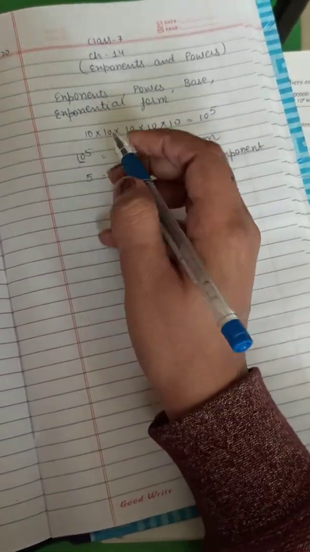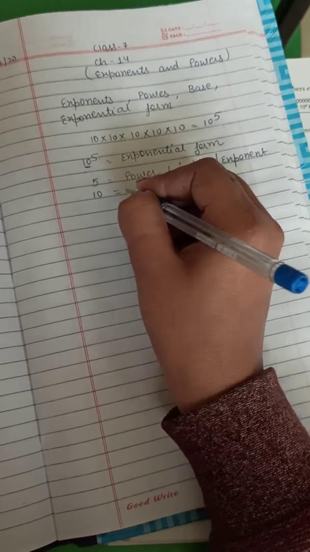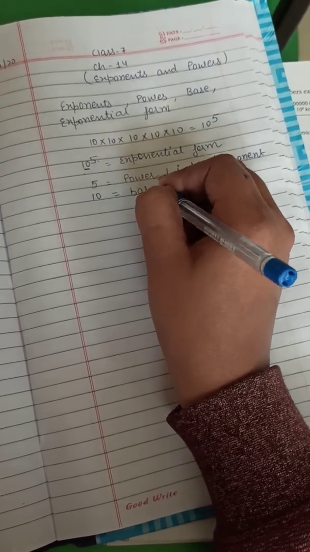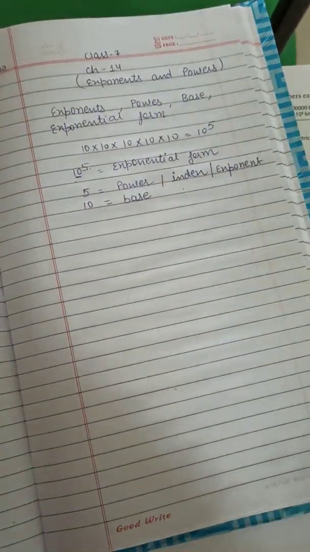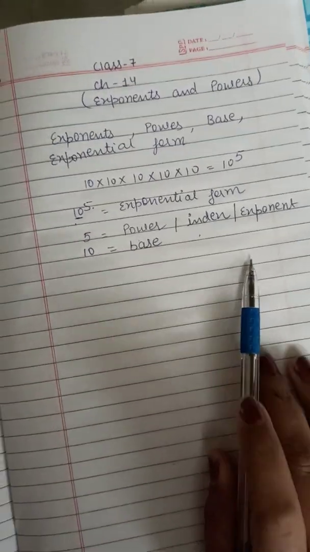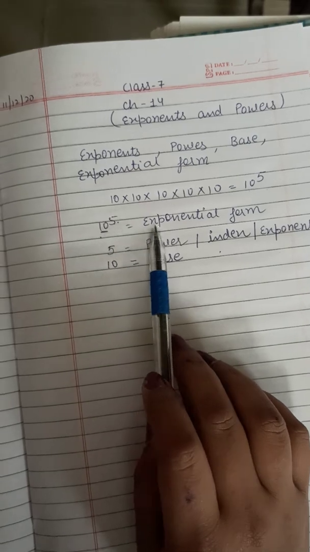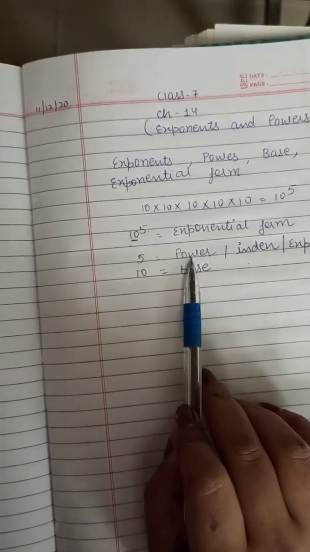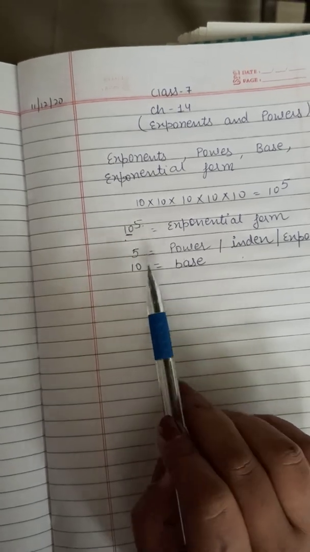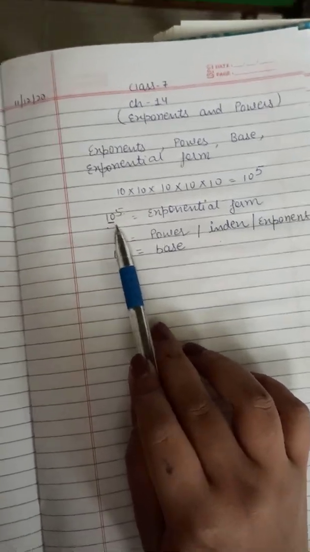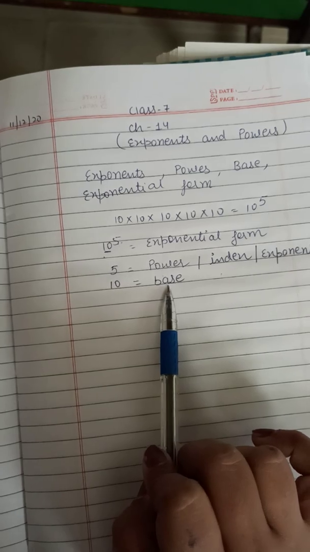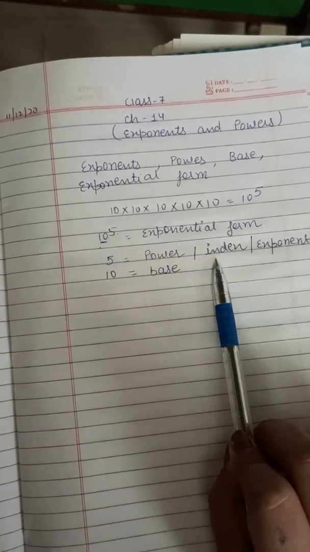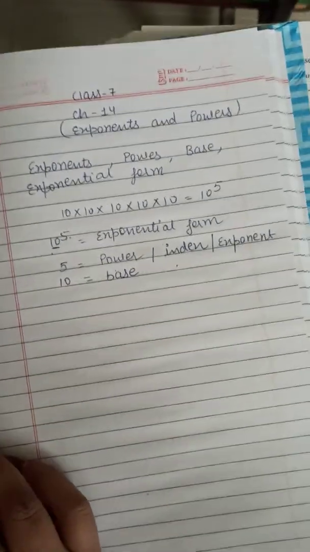This 10 is the base. What do we call this 10? Base, right? So this one is exponential form, this 5 is the power, and the number on which the power is raised we call the base.